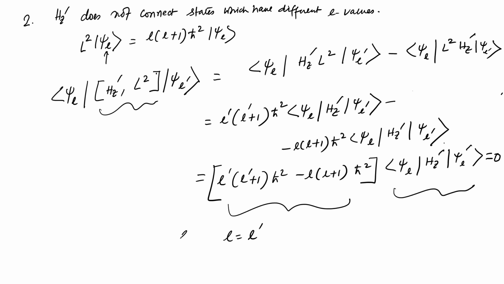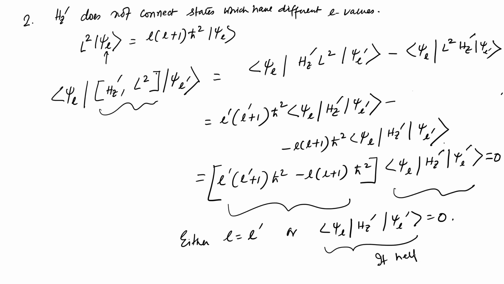So, it is either L equal to L prime, which makes this equation satisfied, or you have <psi_L| H_z prime |psi_L'> equal to 0. So, that tells you that H_z prime does not connect different L quantum numbers, and that is an important thing, and probably it helps.